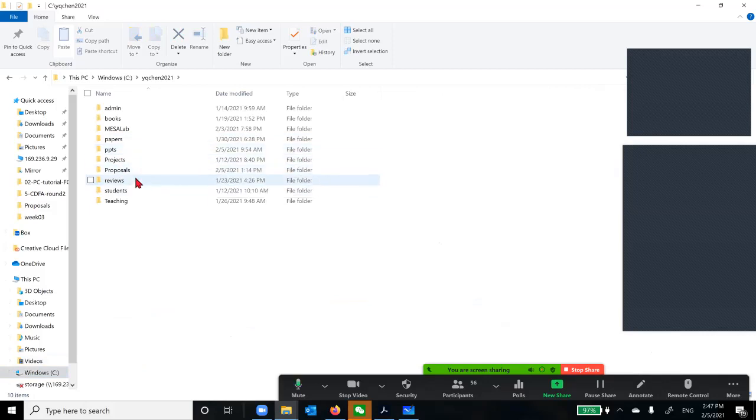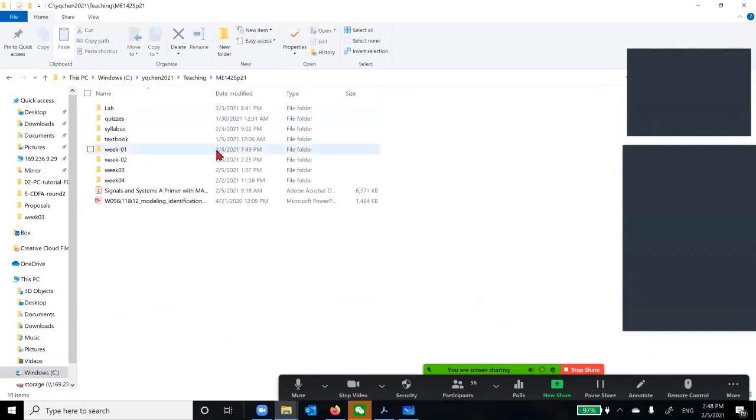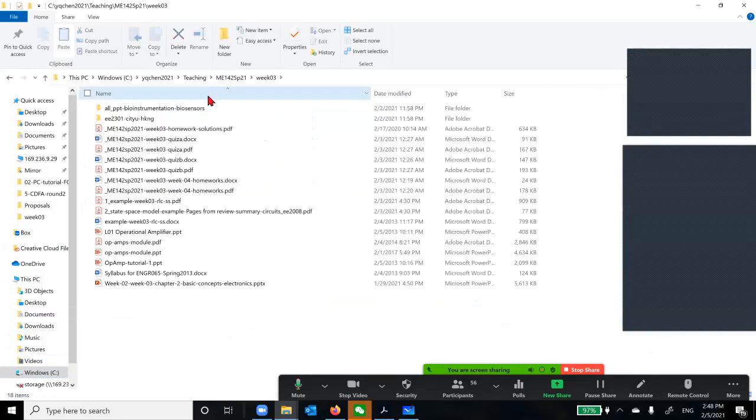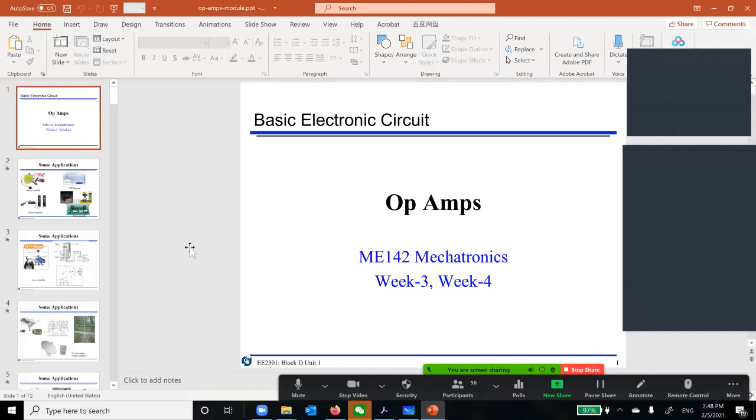We are learning this one from different perspectives, and with that, we are also going to learn signals and systems. So let's get started. I call this the op-amp module. We are going to spend this week and next week covering the op-amps.